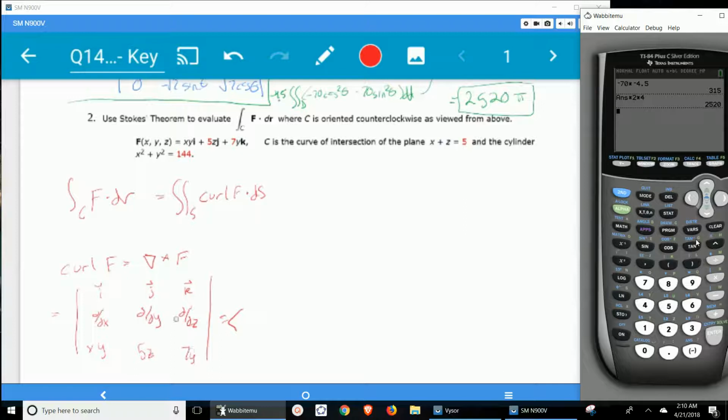That's 7 minus 5, so that's 2. That's 0. Then subtracting x, but oh wait, you go like this, 0 and 0, so that's nothing. Then you go like this, which is 0, and then you subtract an x, so it would be just like this. So that's the curl of f. Alright, so we now know what it is that we're doing.